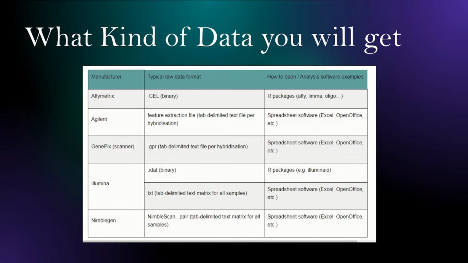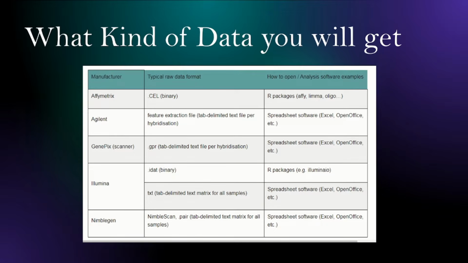Let me give an example once more. For Affymetrix, we will have the CEL format file, which is typically processed using R packages like the affy package, limma package, or oligo package. These are the general packages we use in R to get the differential expression. For example, in the Agilent condition, you will get a text format file which you have to open in spreadsheet software.